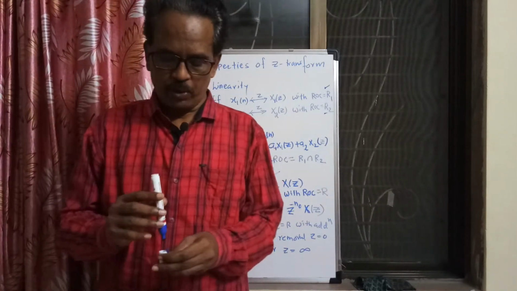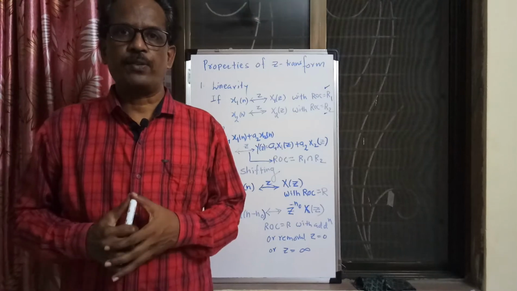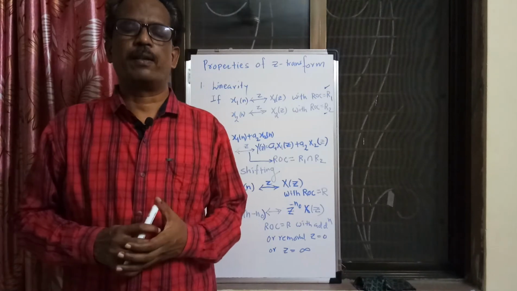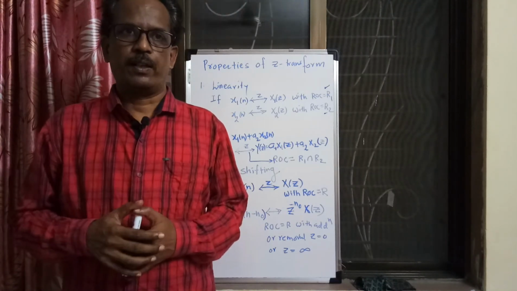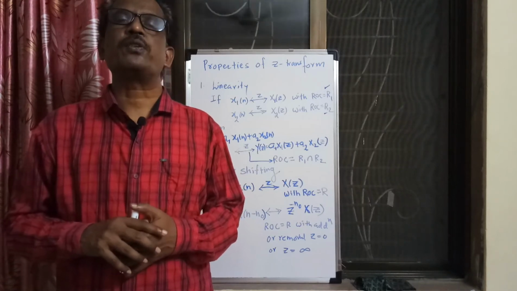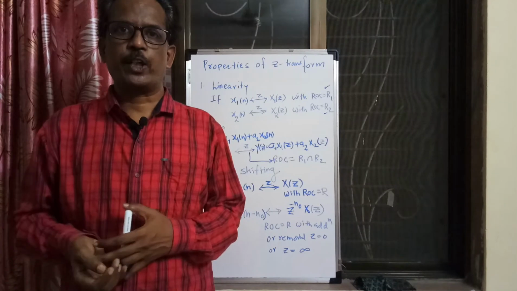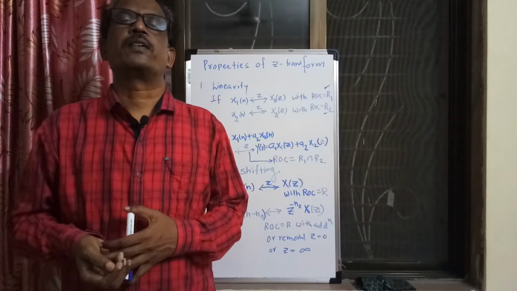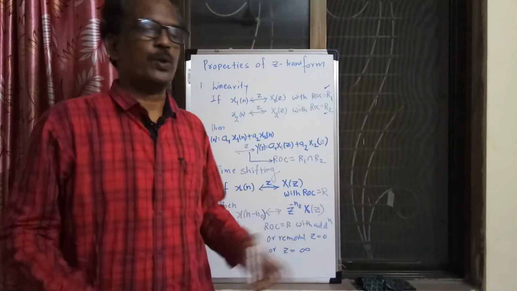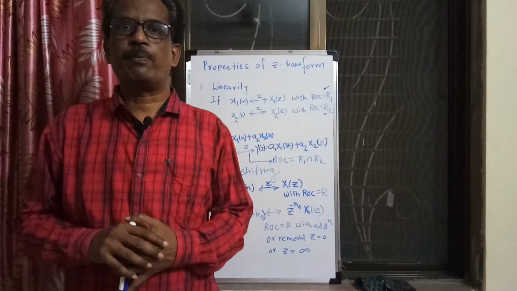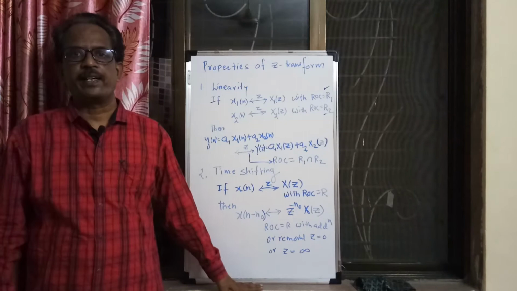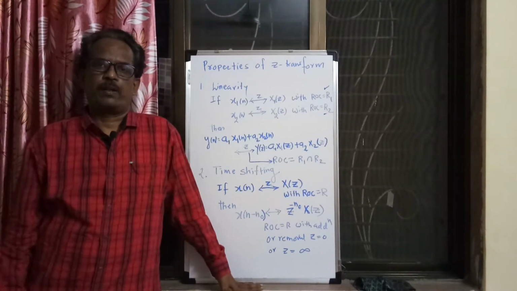Z equal to 0 is not possible with Z raised to minus n0, because it becomes 1 by Z, and for Z equal to 0 it is 1 by 0, which is infinity. And if we have Z raised to plus n0, then Z equal to infinity is not available in the ROC, because the Z transform does not exist there.